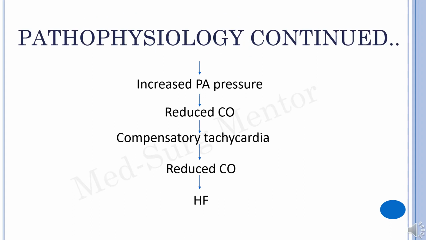At the next stage, there is increase in the pulmonary artery pressure due to the increased ventricular pressure. As a result, the cardiac output is reduced. At this stage, there is compensatory tachycardia, which tries to maintain the cardiac output temporarily. But gradually, the compensatory mechanism fails, leading to the permanent reduction in the cardiac output. Finally, it leads to heart failure.